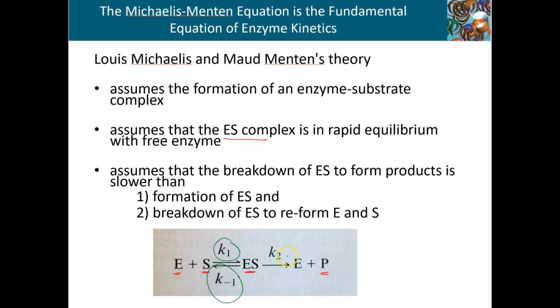And that forward irreversible reaction is k2. So you have k1 and k2 as forward progress through the conversion of a substrate to a product, and we have a single reversible step in k-1 where the enzyme-substrate complex can dissociate without a chemical reaction taking place.